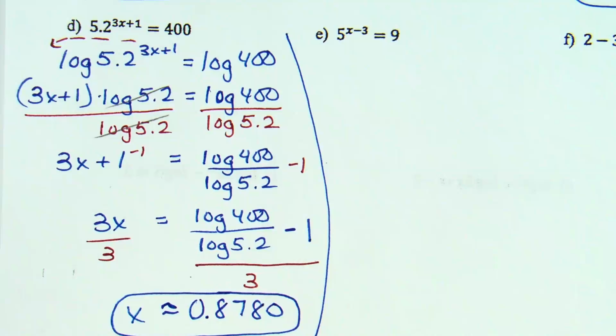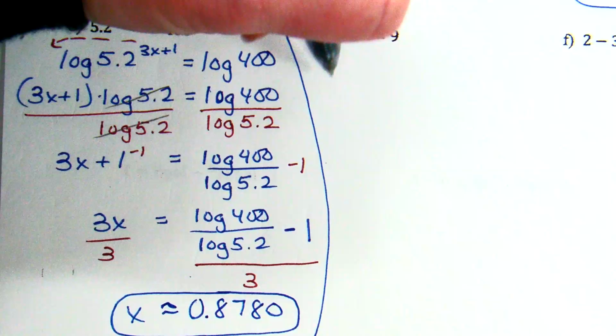Step 1 is what? Take the log of both sides because our 5 and 9 are not going to become the same in writing them in powers. Not happening. So, log of 5 to the x minus 3 equals log of 9.